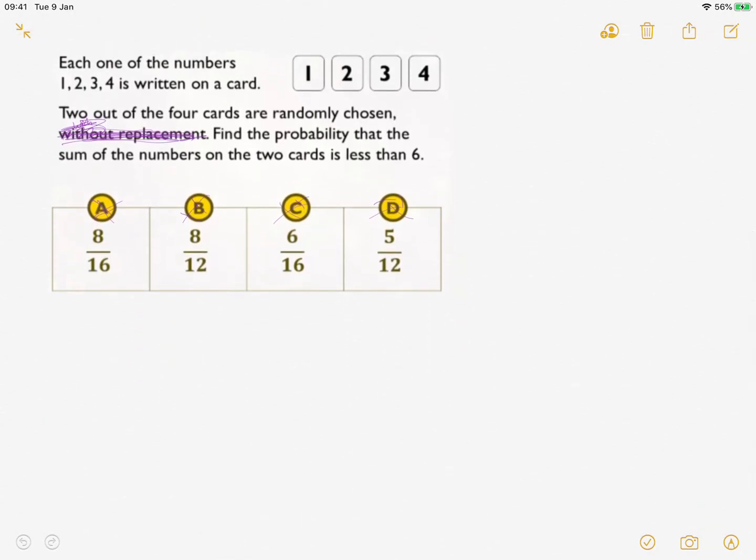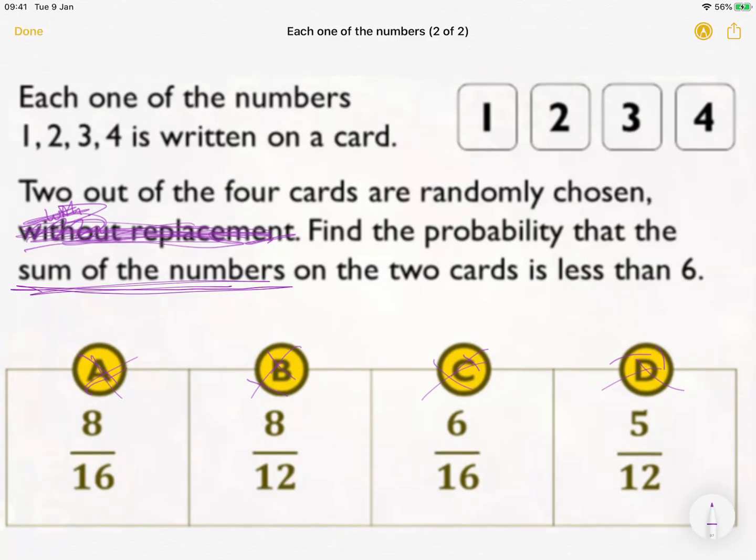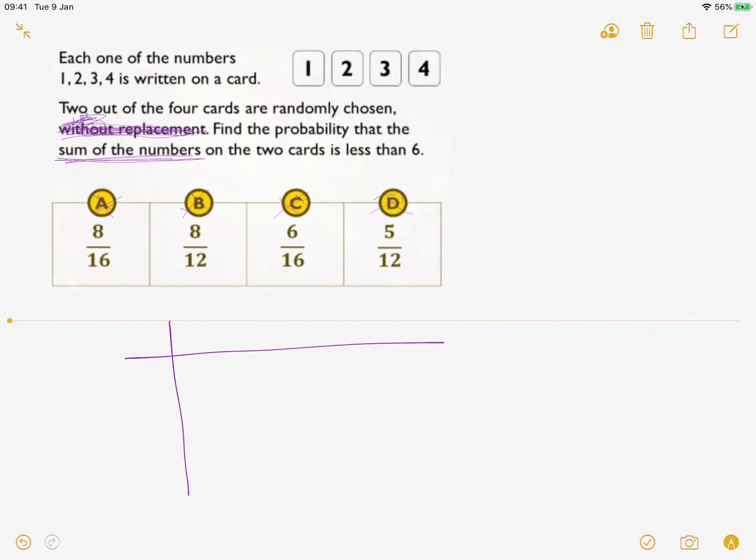So we need to draw a sample space diagram. And the sample space is going to show the sum of the numbers. Sum, remember, means adding them together. So my possibilities are 1, 2, 3, and 4. 1, 2, 3, and 4.